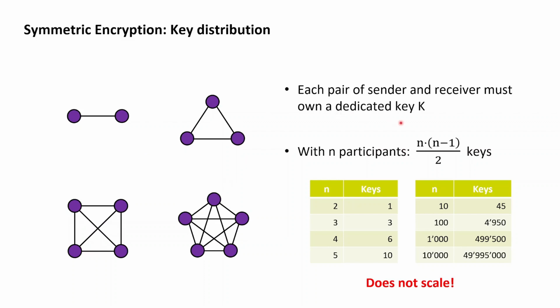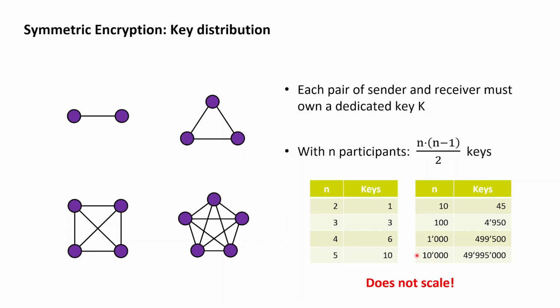It's not too involved to derive the formula n times (n-1) over 2 to express the number of keys required for a group of size n, and if we apply this formula to a group of 10 people, we see that with 10 people we require already 45 keys, and with 10,000 people we already are looking at almost 50 million keys.